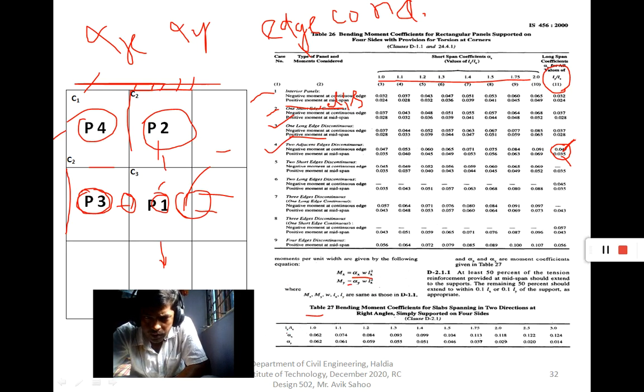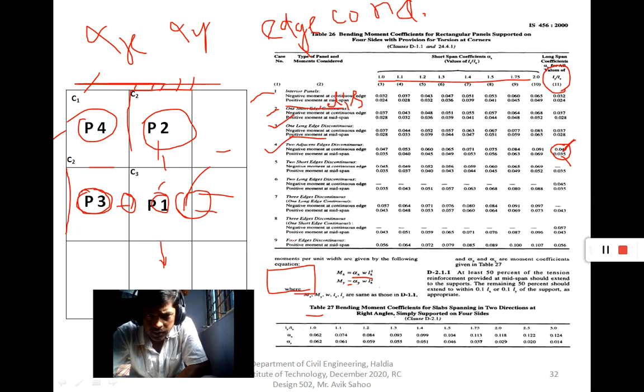For different aspect ratios, the alpha x and alpha y values are given. As it is simply supported, no negative moment is developed, meaning the four edges are discontinuous.